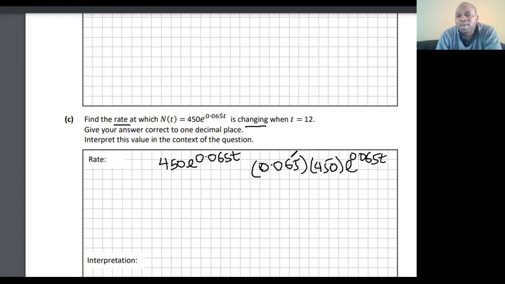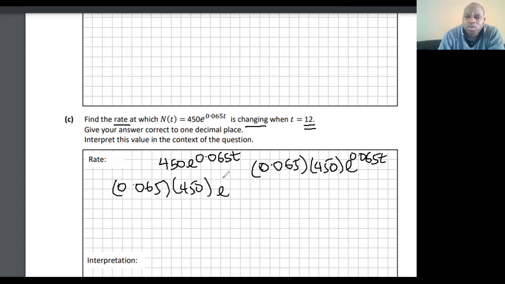So what they're now saying is that when you differentiate this guy, the rate at which it is changing is when at time t equals 12. Your t is going to be 12. So just put this in your calculator: 0.065 multiplied by 450, then exponential 0.065.